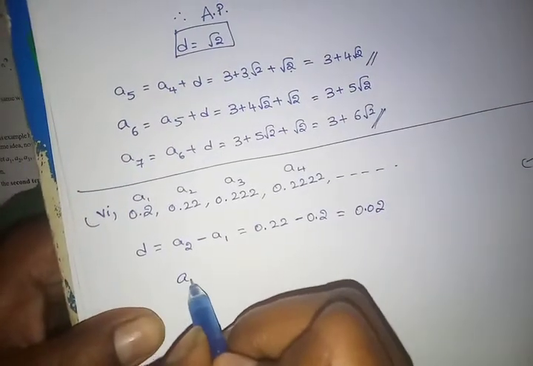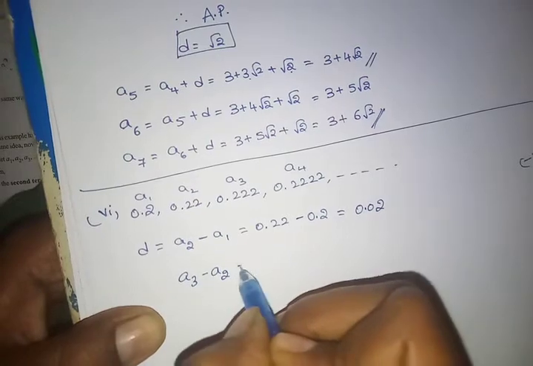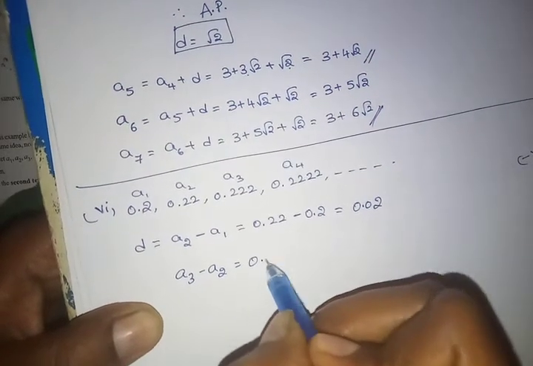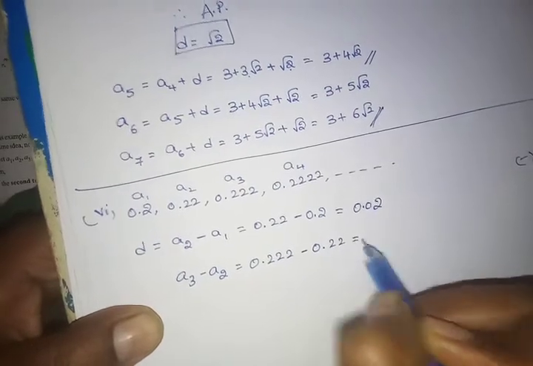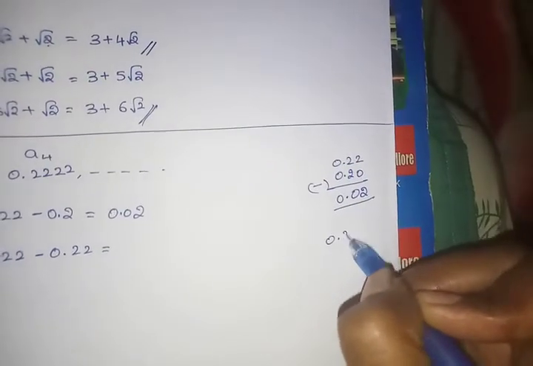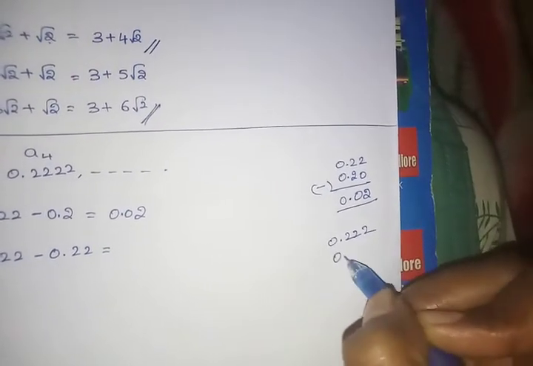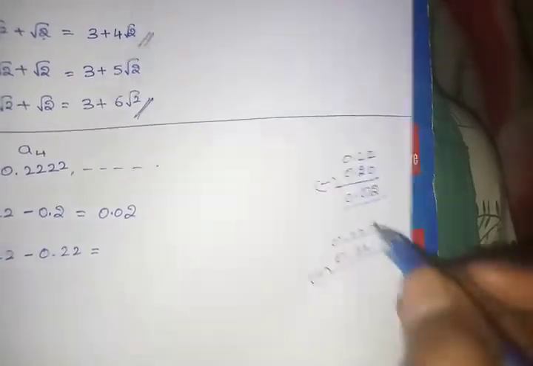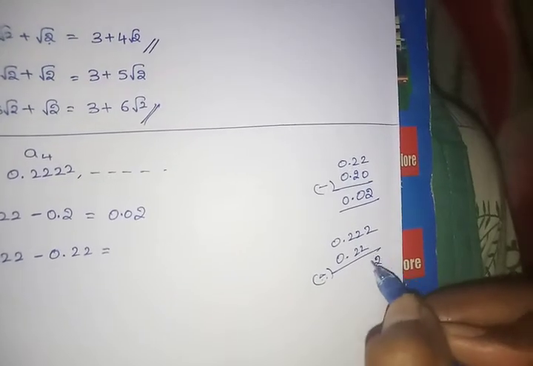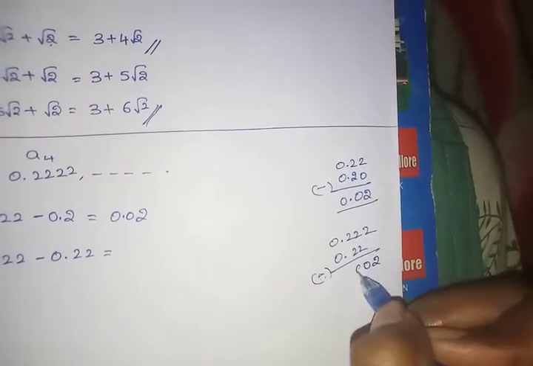Now solve A3 minus A2. What is A3 value? 0.222 minus 0.22. Solve this. Subtract it now. 2 minus 0? Nothing. 2 minus 2? 0. 2 minus 2? 0.